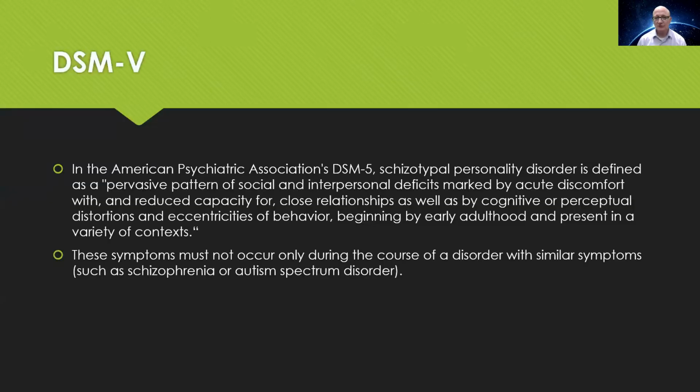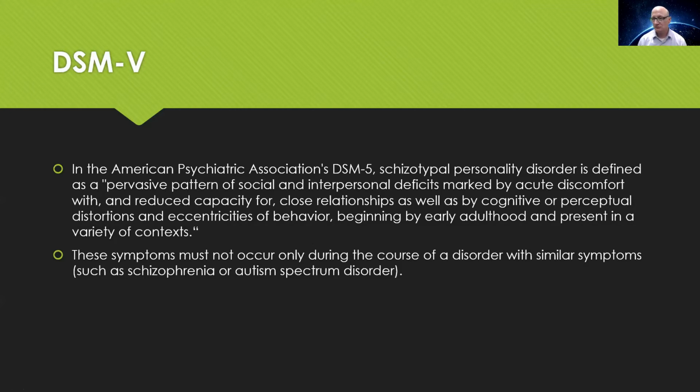But anyway, in the DSM-5, which is that book that you need to memorize in order to practice psychiatry, schizotypal personality disorder is a pervasive pattern of social and interpersonal deficits marked by acute discomfort with, and reduced capacity for close relationships, as well as by cognitive or perceptual distortions and eccentricities of behavior, beginning by early adulthood and present in a variety of contexts.